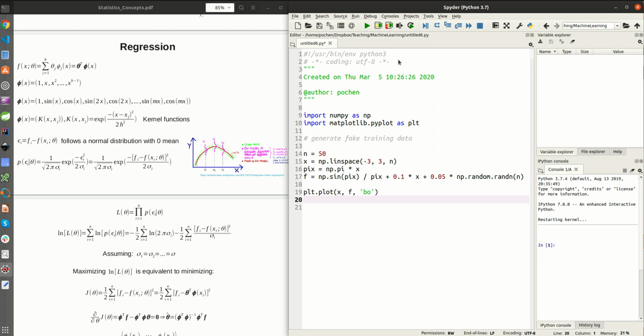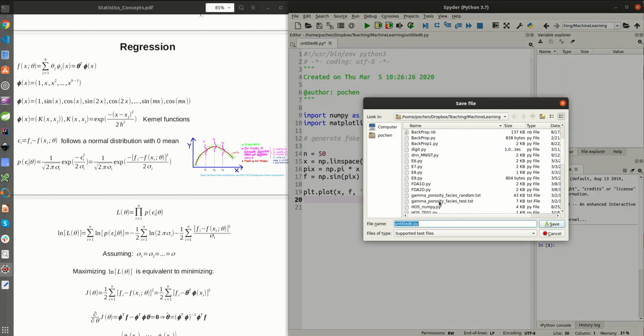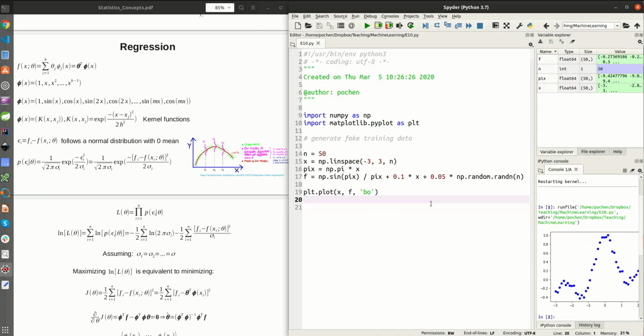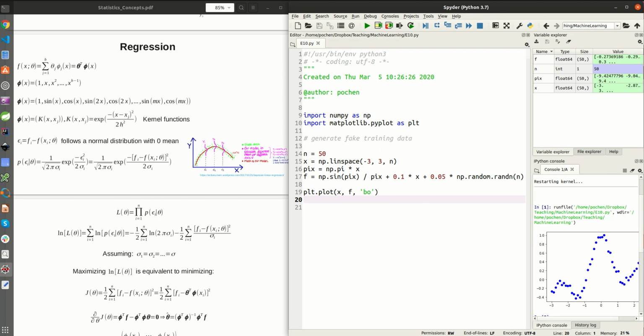If we run this code, and we are going to call this exercise E10, save it. That's going to be our fake training data. It's got random variations on it.